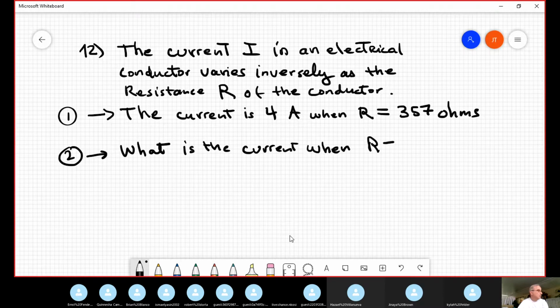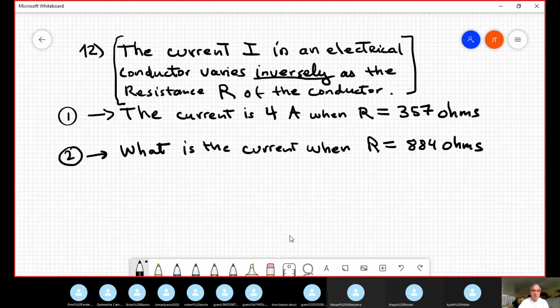When resistor R is now 884 ohm. Okay, this is typical in this problem. The first sentence indicates the rule. The rule is inversely proportional.